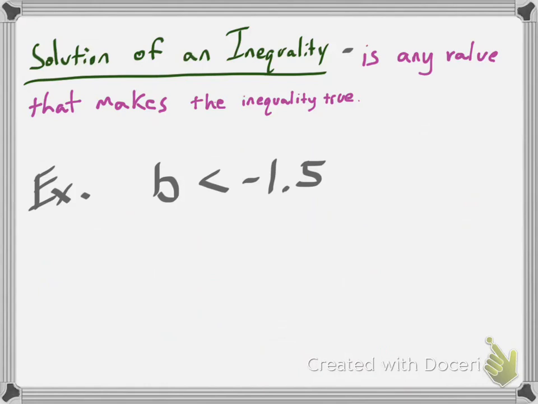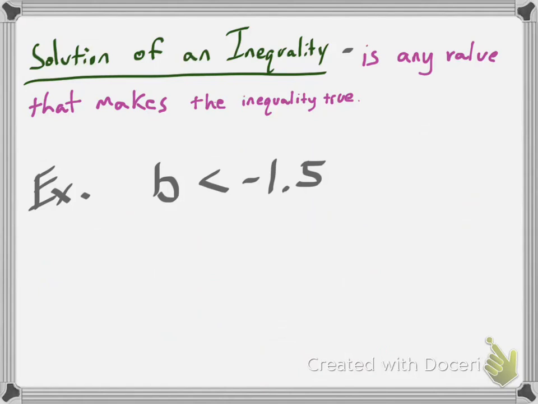A solution of an inequality is any value that makes the inequality true. Where people get confused about inequalities is we're not solving for one number. We're solving for several numbers, and usually it's an infinite amount of numbers. So for example, b less than negative 1.5. What that's saying is that b is a number that's less than negative 1.5.